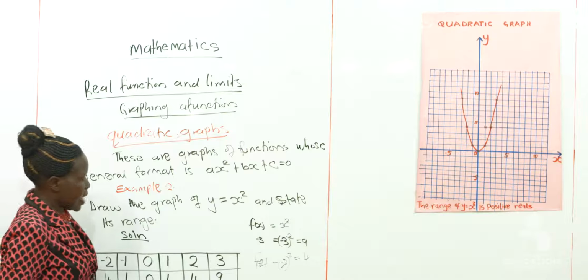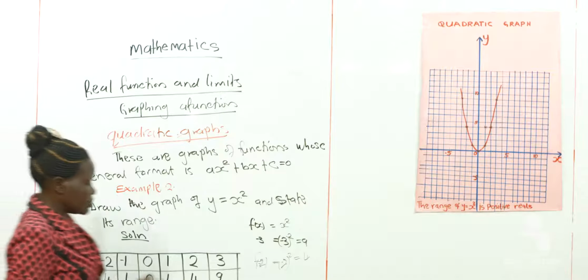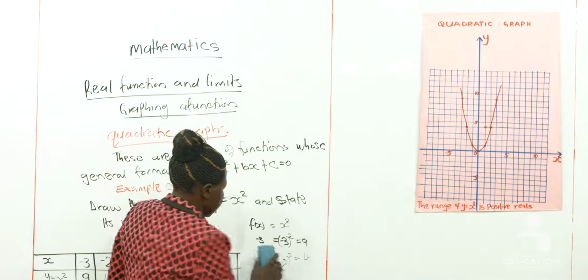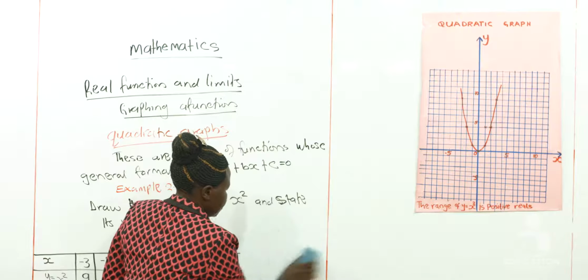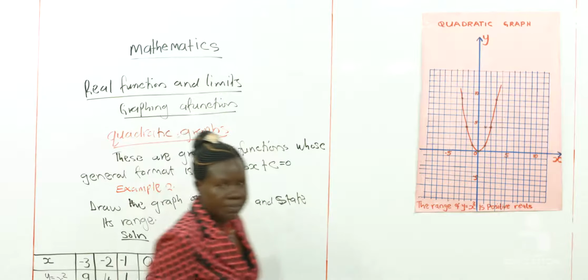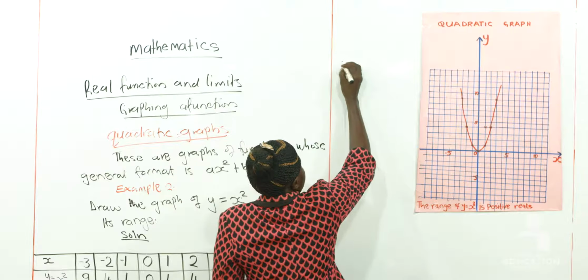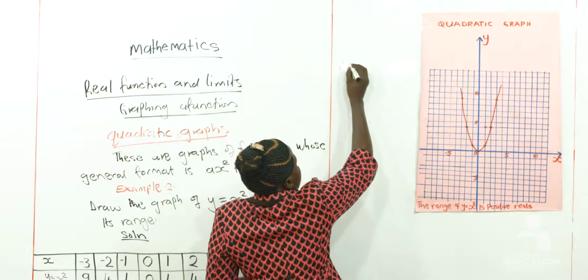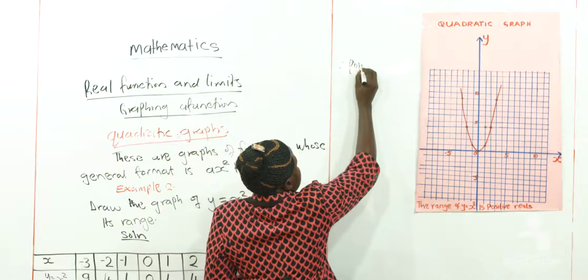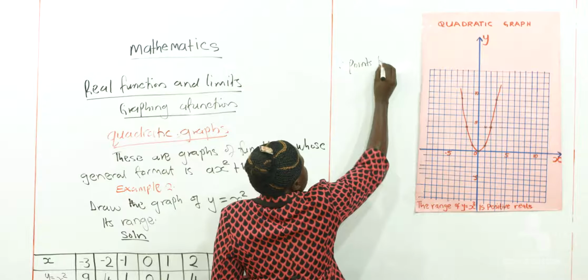And then after getting the table of values, it becomes very easy for you to plot. You now come and say, therefore, points to plot.